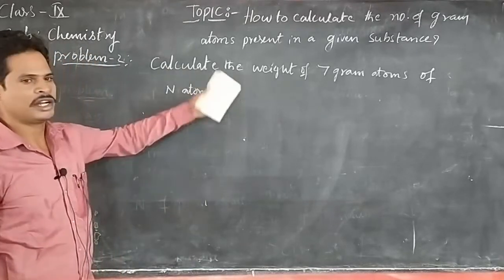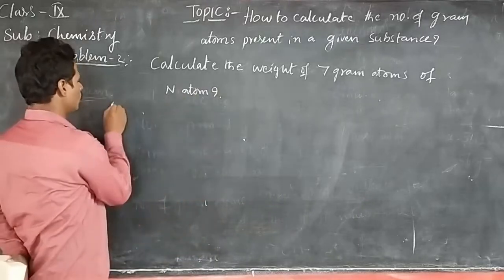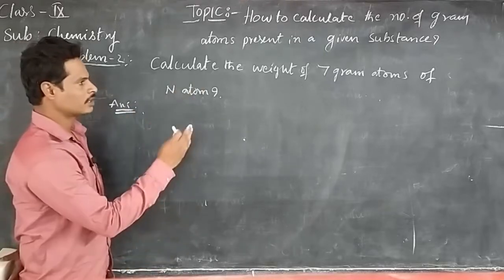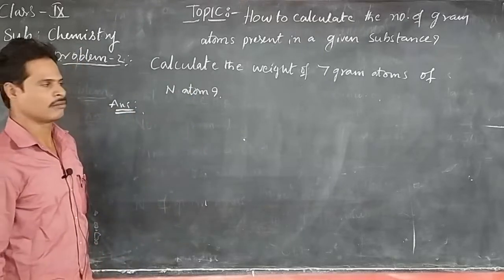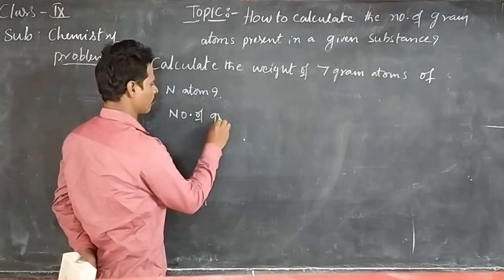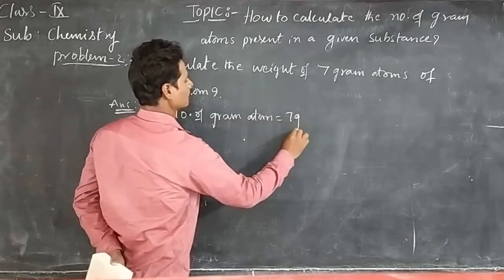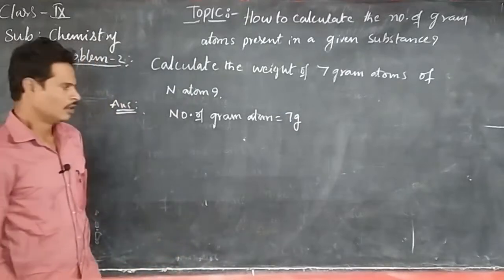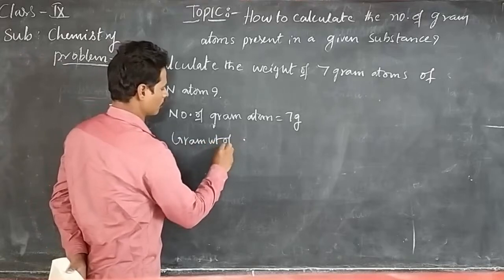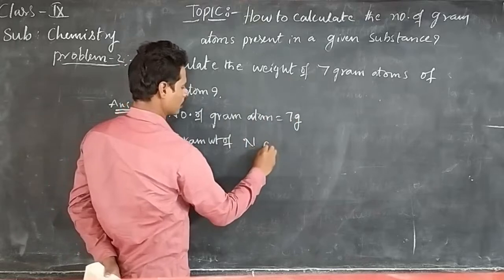Now what do we have to do? We identify what is given and what is not given according to the question. Which one is given? 7 gram atoms, that means number of gram atoms. Next, gram atomic weight of which one? Nitrogen atom.